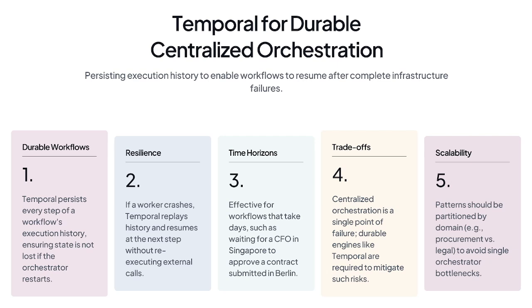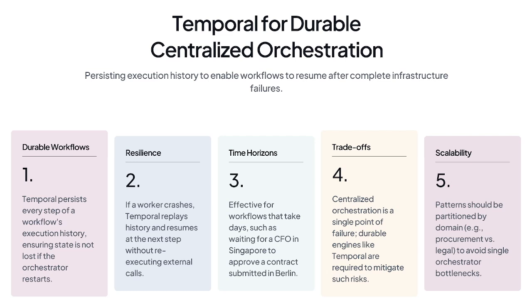Then for scalability, Temporal design also allows scalability in centralized orchestration, the design pattern for multi-agent systems, because this pattern should be able to partition by domain. This enables you to partition orchestrators or agents by domains.